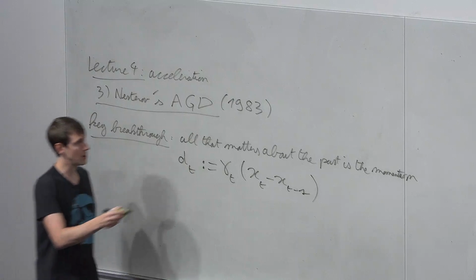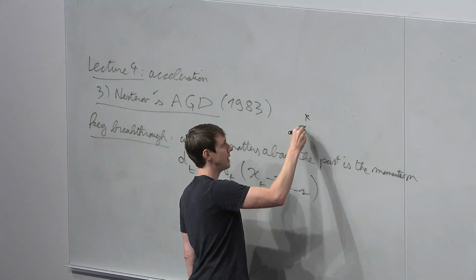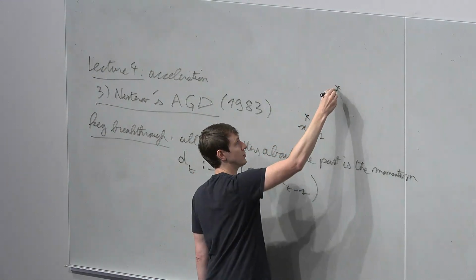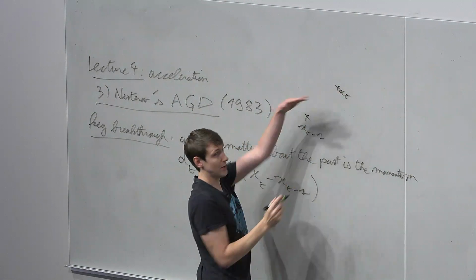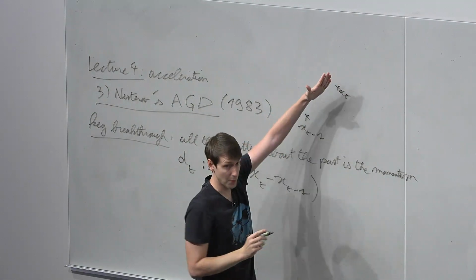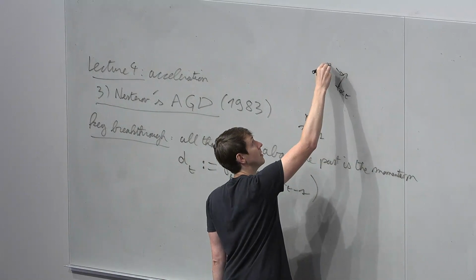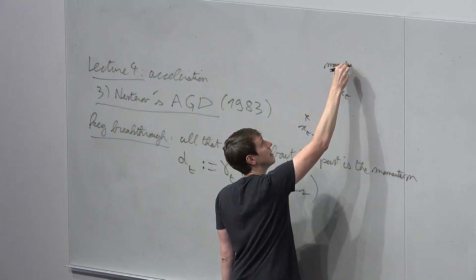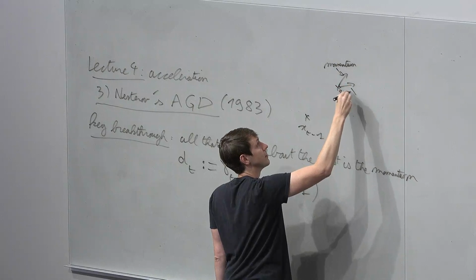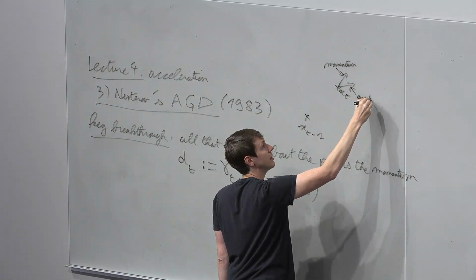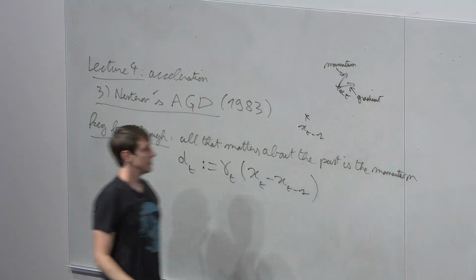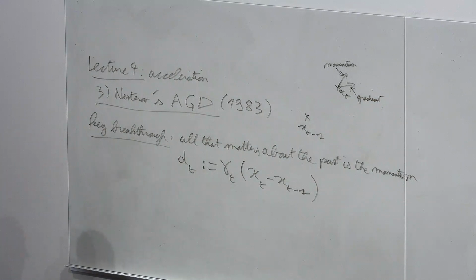You were at some point xt minus 1. You move to this point xt. Here you have a certain gradient, and you have a certain momentum. Okay, so maybe this is the momentum, and this is a gradient, or negative gradient. Okay, so the intuition for this momentum term comes from physics.